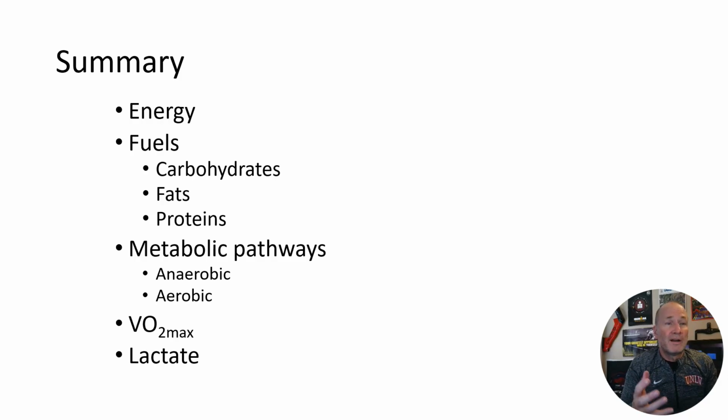All right, so summary, we talked about different forms of energy, and calorie is a unit of heat. Oh, I should have mentioned, I'm sorry, another way to measure how active the energy system is, is to put someone in a special room that can measure how the room temperature changes during exercise.